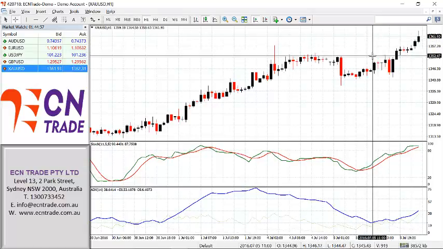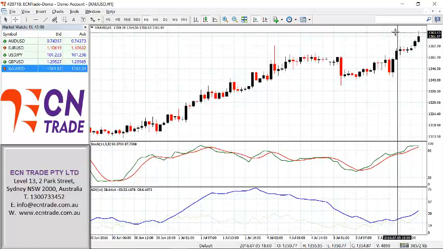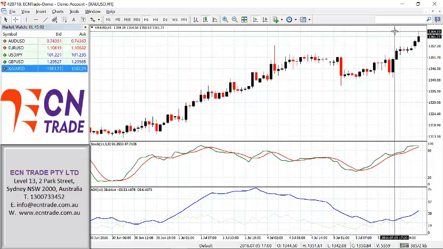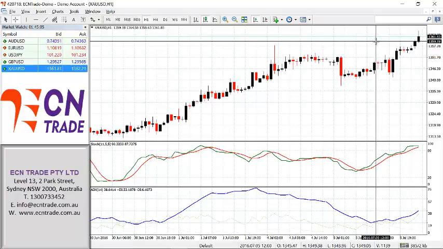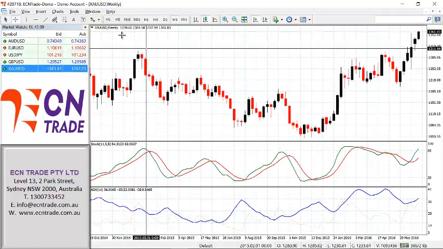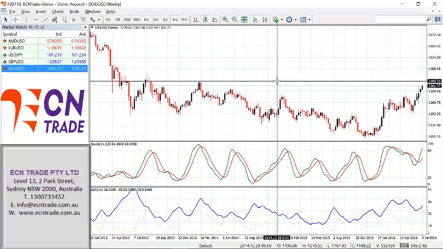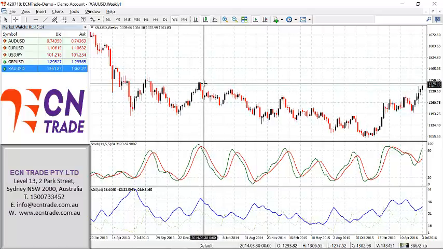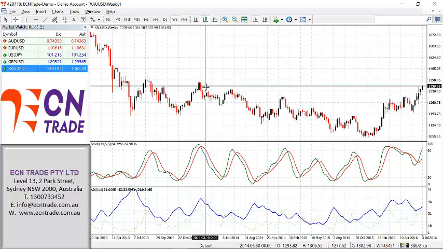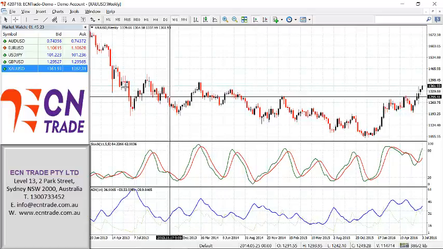Any pullback now is likely to be shallow, but we are getting into an overbought region. Nevertheless, I expect to see a 64 break trigger the rally on and then go to the extremes of the upside. If you look at the weekly, you can see that towards the region of 88 is where the market failed, and it may do so again. Support comes in now at 1,352.